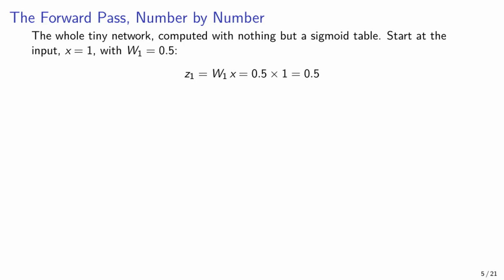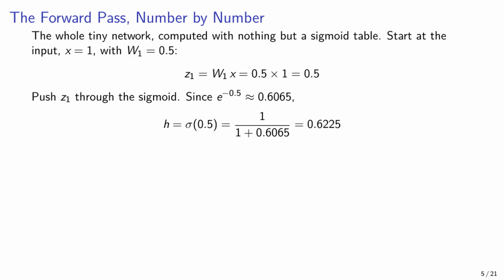Let us actually compute that forward pass with nothing but a sigmoid table. Start at the input x equals 1 with the first weight 0.5. The pre-activation Z1 is the weight times the input, 0.5 times 1, which is 0.5.